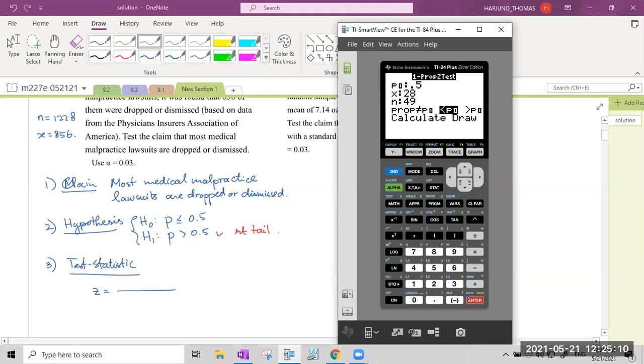And the P naught, the constant on the null hypothesis, happens to be 0.5 already. The X, the number of successes, in this case the lawsuits dropped or dismissed, 856, and the sample size is 1,228. We will do right tail, greater than P naught, calculate.